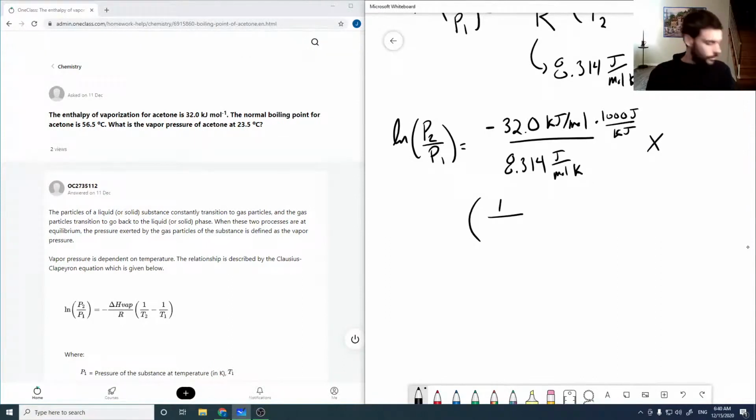So that would be 1 over 296.65 minus 1 over 329.65, and these are Kelvin. And if we do this all out on the calculator, we'll get minus 1.30.